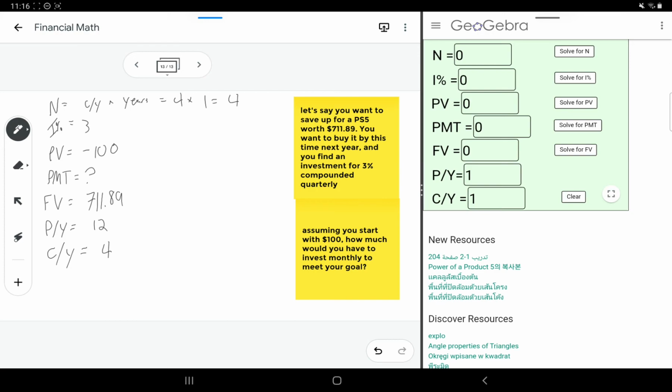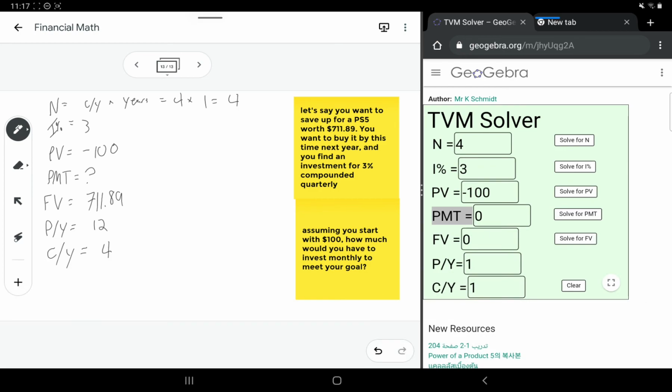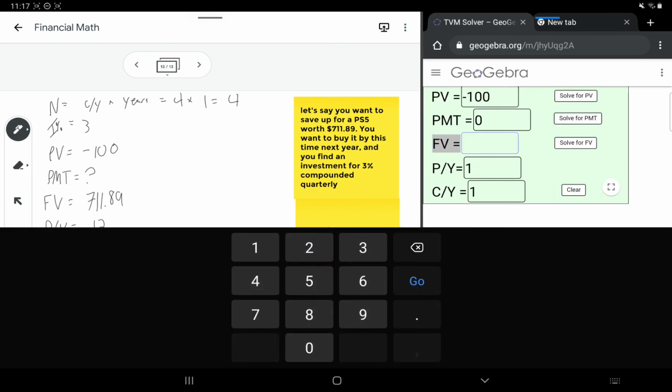So now all we've got to do is stick it in the calculator and see what we can find. Okay, so N is 4, I is 3. Present value is our 100. Payment, don't know, got to leave it alone. Future value is going to be, this is positive since it's coming back to you, $711.89.